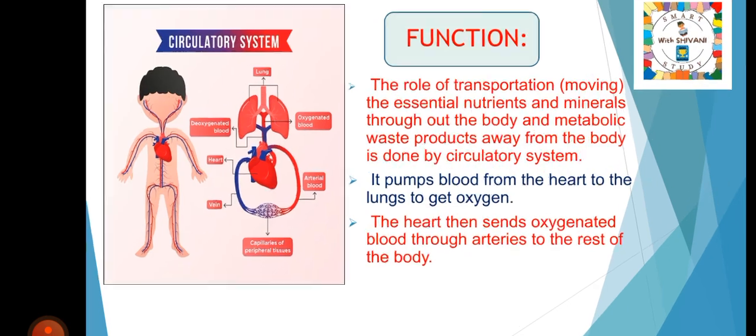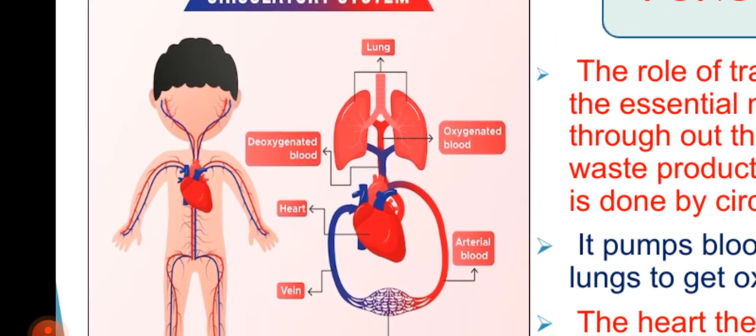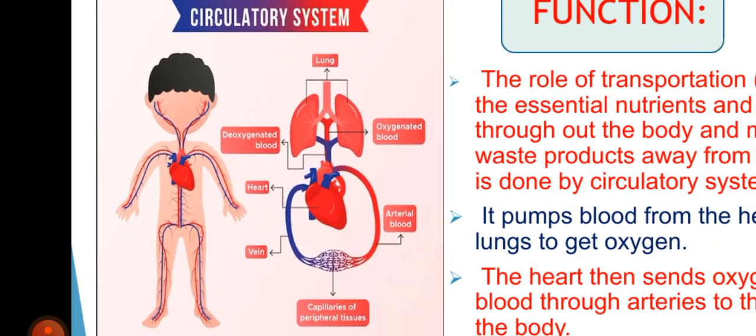Now, if you carefully look at this diagram, it shows that there are different color codings which are being used just for easy understanding purposes. Red color is being used for the oxygen-rich blood and blue color is being used for deoxygenated blood.